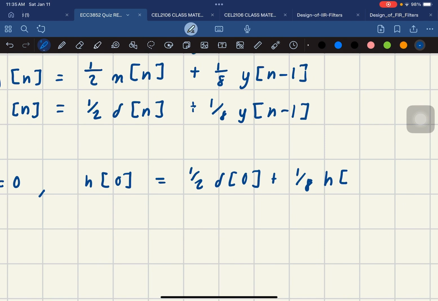This one is 0 minus 1, so it will be negative 1.